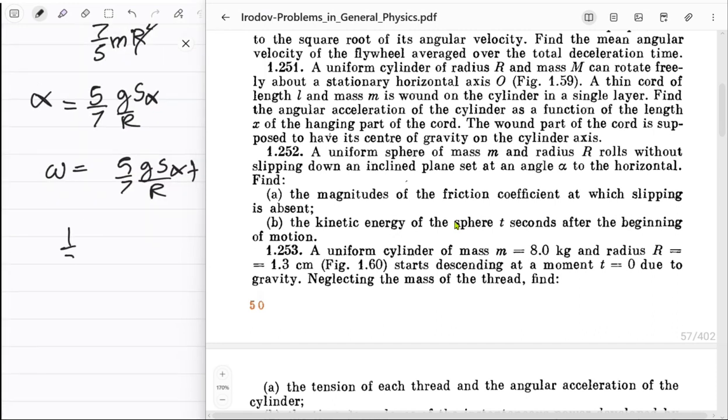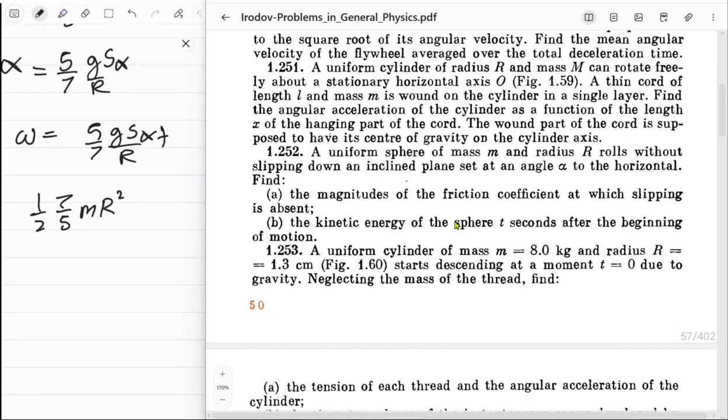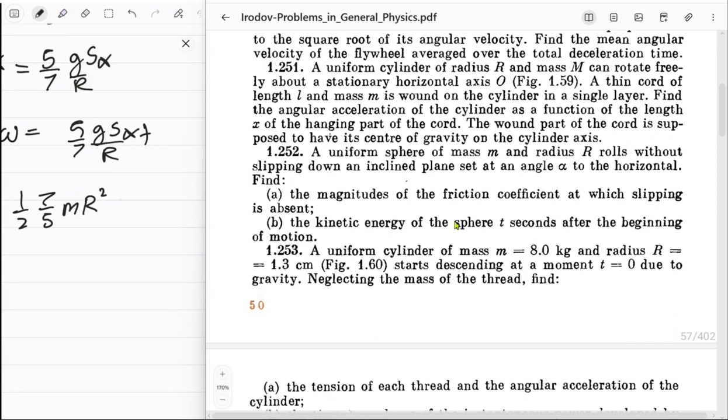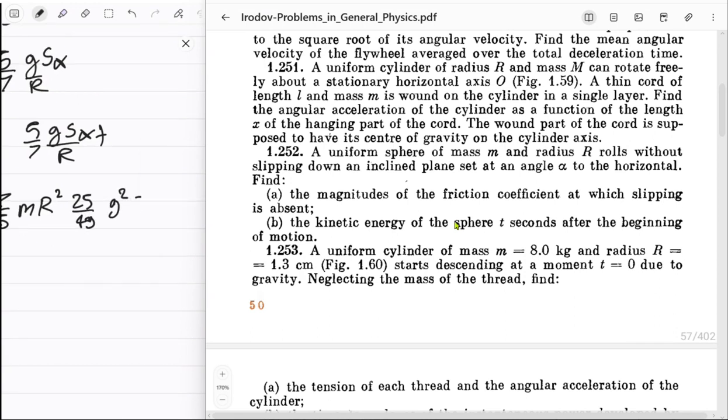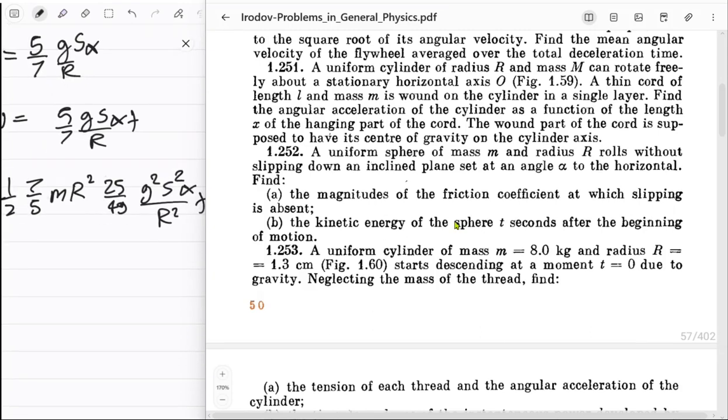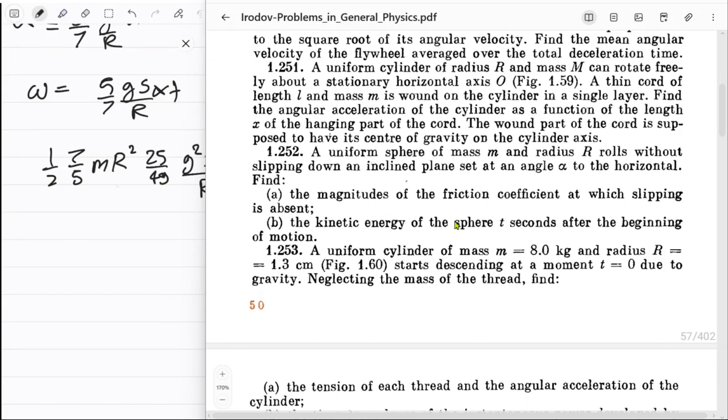So 1 upon 2 I, for that you just need 7 upon 5 mr squared. And then you got omega squared. So this thing squared, right? So 25 upon 49. And then you got g squared sine squared alpha upon r squared and then t squared. So some stuff cancels. 5 upon 7, so you got 5 upon 14.